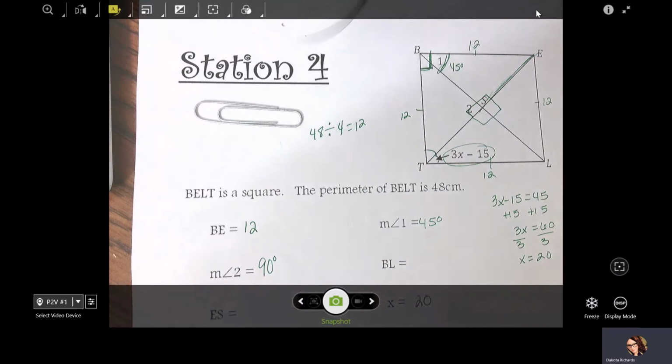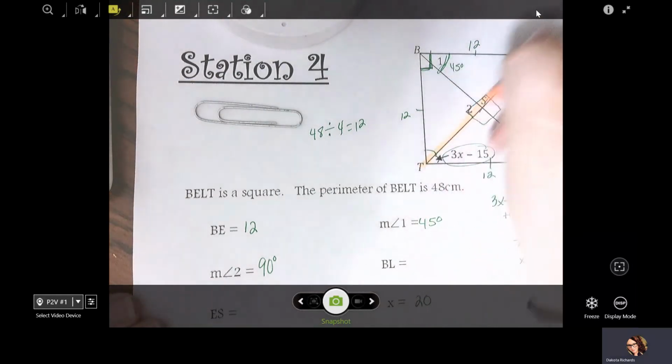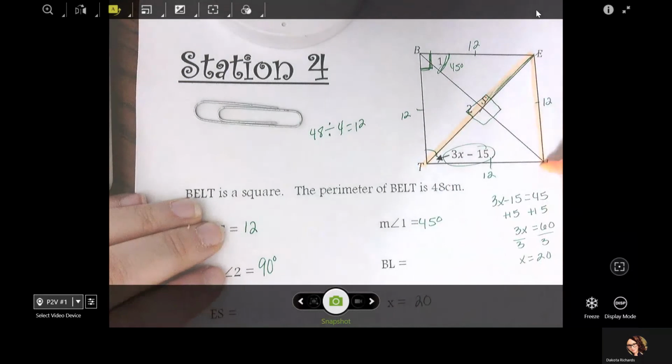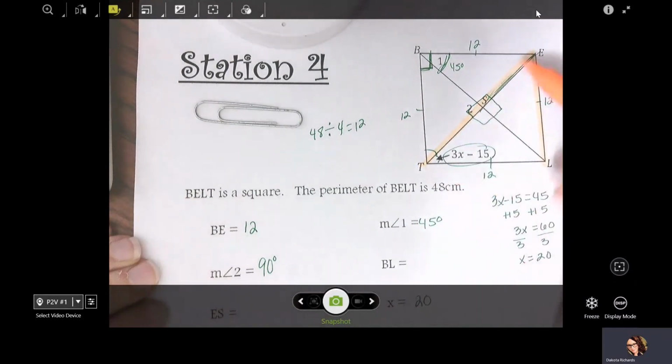So now that we have that information, one thing we can do, we can use the Pythagorean theorem to find the side that we are looking for. So I want to look at this bigger right triangle here. Again, we're trying to find ES, which is here, and we're trying to find BL.